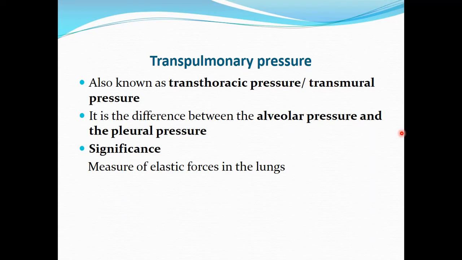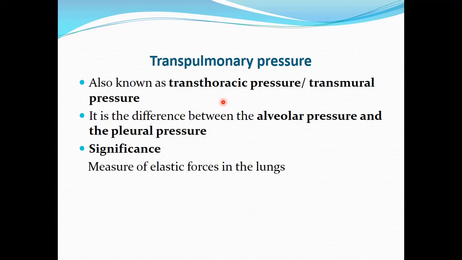Now coming to another pressure, that is the transpulmonary pressure. Transpulmonary pressure is also known as transthoracic pressure or transmural pressure. Now trans means across something. Transpulmonary means across the lungs: the difference of pressure between the inside of the lungs and the outside of the lungs.